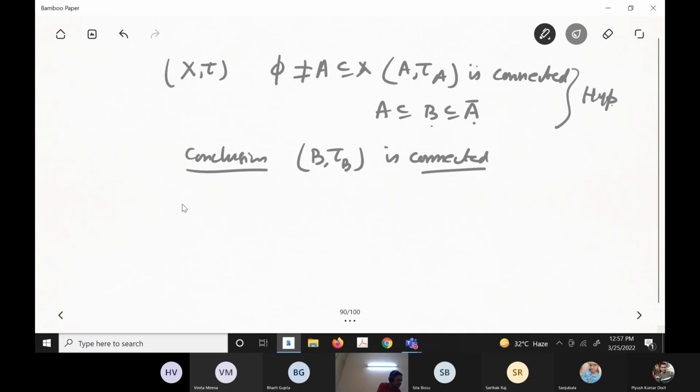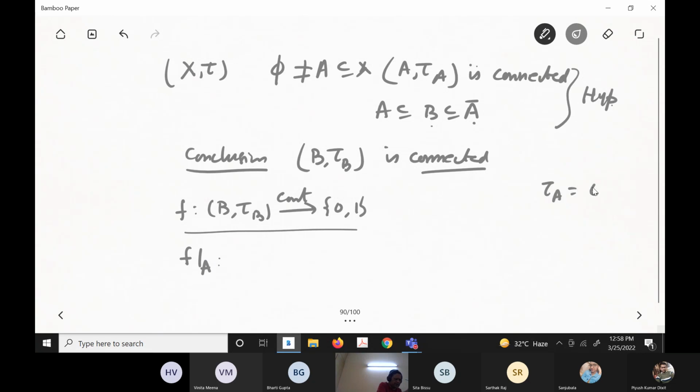So you take a function. Since it is not a metric space, I have taken nets, so that I'll have to show that any continuous function is constant. That means everything will go to 0 or 1. Here I consider this function restricted to A. Remember, tau_A is the same as the subspace topology.